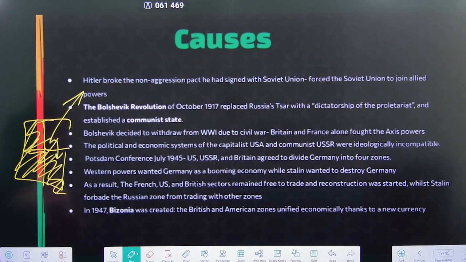In 1947, Bizonia was created. The British and American zones were unified economically thanks to a new currency.